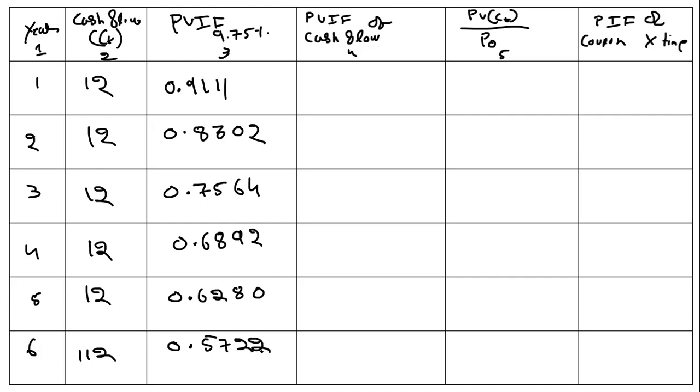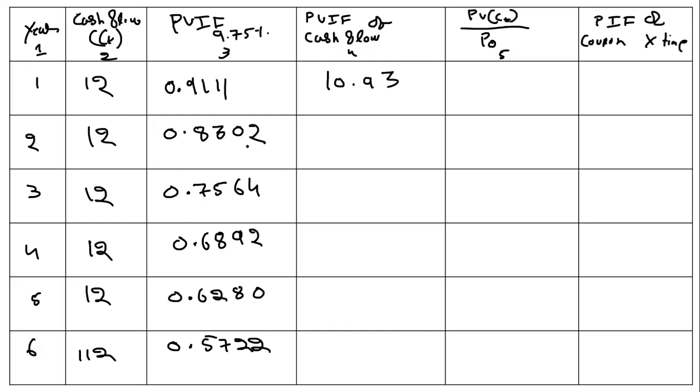Now we will multiply the values with the column. Multiplying 0.9111 into 12, we get 10.93.